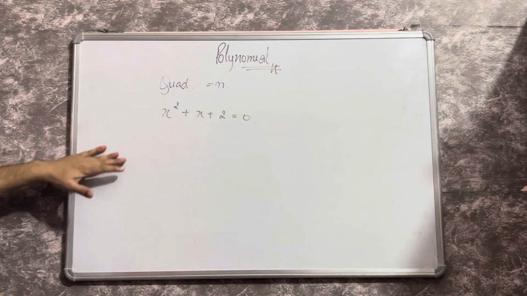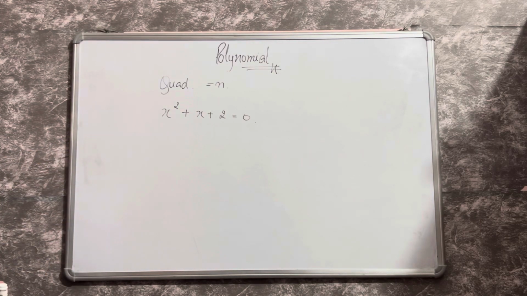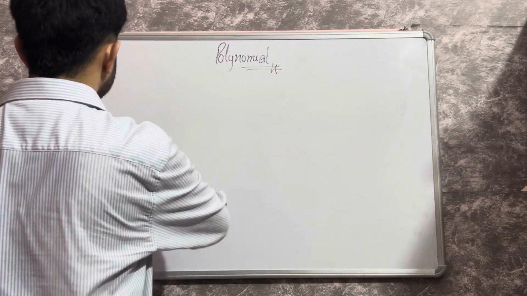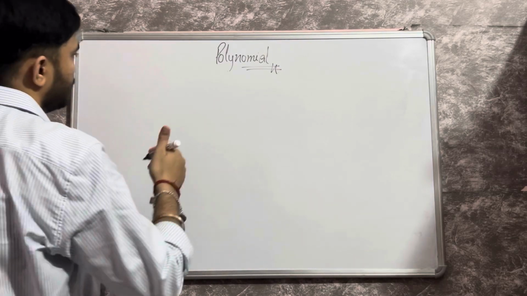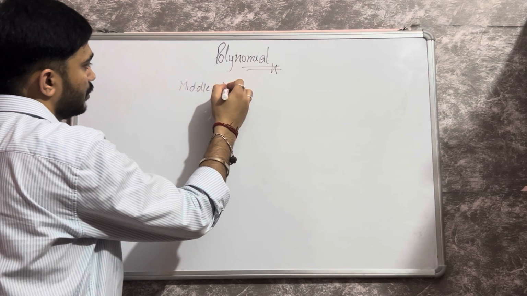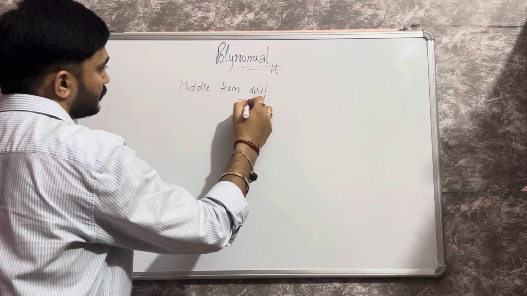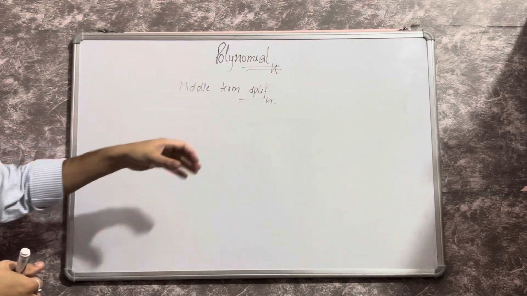Now we have a lot of methods, generally 2 methods, to solve a quadratic equation. But in 9th class we are going to solve the quadratic equation by just one method, that is middle term split. We are going to learn how to solve middle term split in 4 parts.